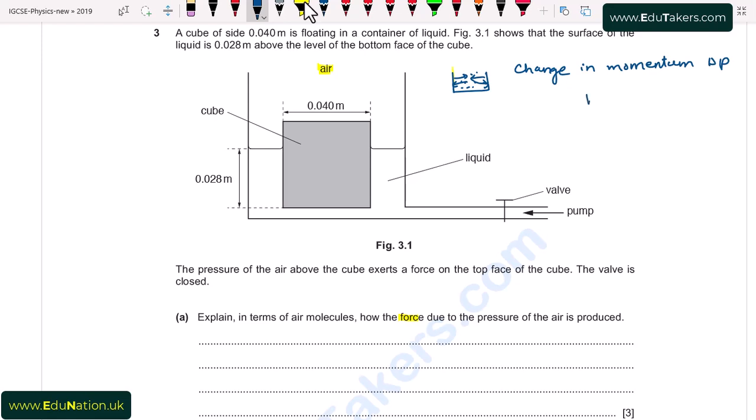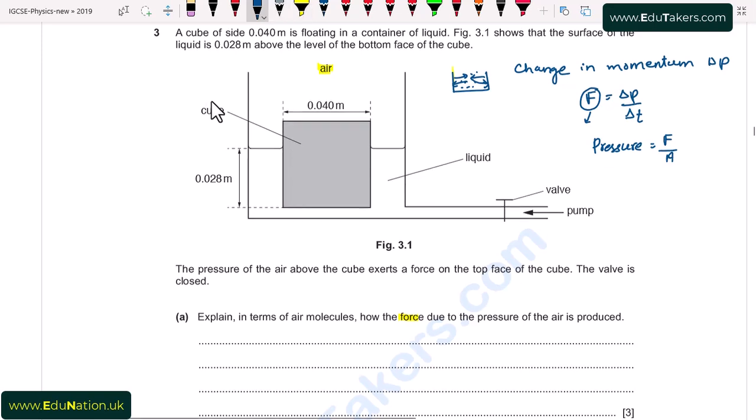And we know that F is equal to delta P over delta T. This force actually causes the pressure because pressure P is equal to force per unit area. That's why the force is exerted due to the pressure of the air.